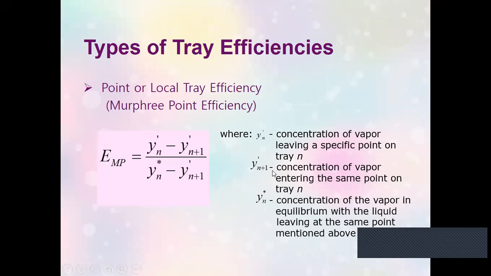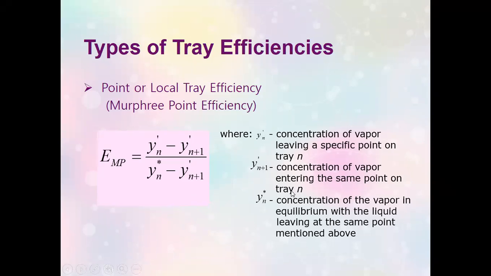Now, your Y sub N prime is the one leaving the point on tray N. The Y prime sub N plus 1 is the vapor entering the point on tray N. So this is referring to the same point in here, on tray N. This one is leaving, this one is entering, the point on tray N. The Y sub N asterisk is the concentration of the vapor in equilibrium with the liquid leaving that same point.